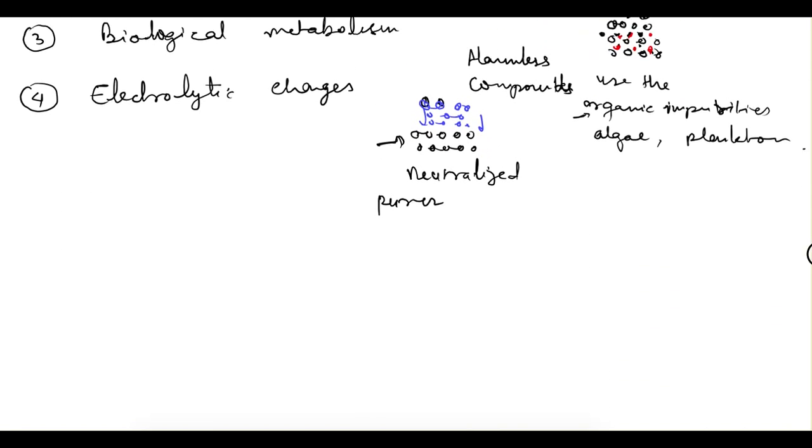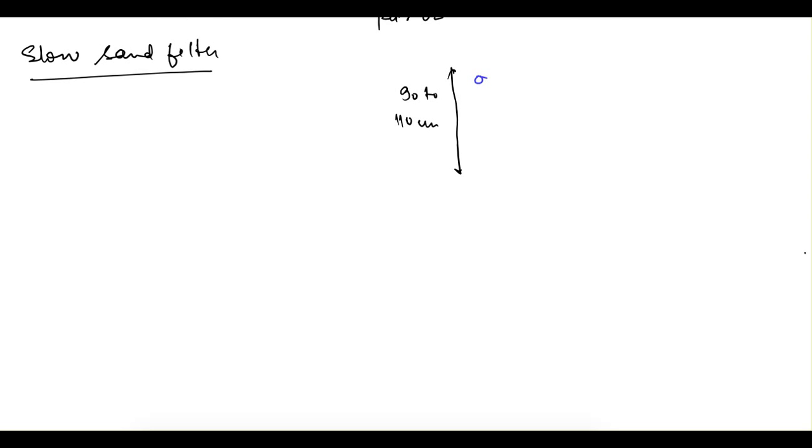Now let's see the various filters. First we will see the slow sand filter. In the case of a slow sand filter, we use a total depth of filter bed of 90 to 110 centimeters, and the top 15 centimeters of this filter material is made up of very fine sand, and the remaining depth is made up of uniform size material, and this size will be greater than the top depth.